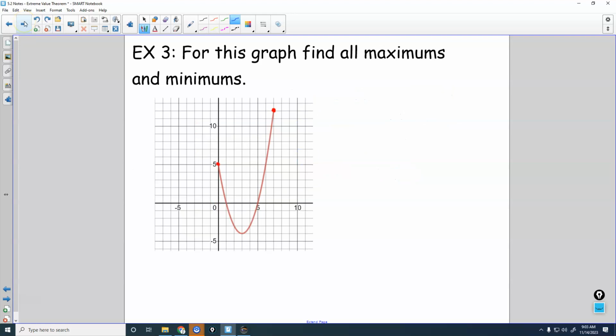Okay, this one's different because it has endpoints, not just arrows on the end.